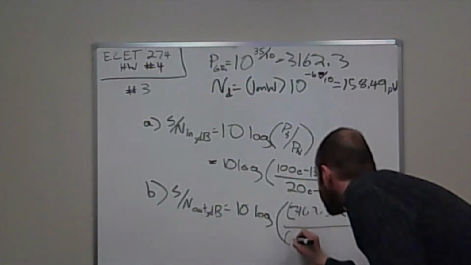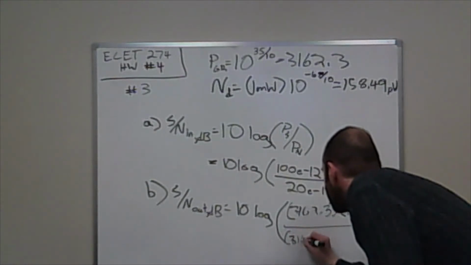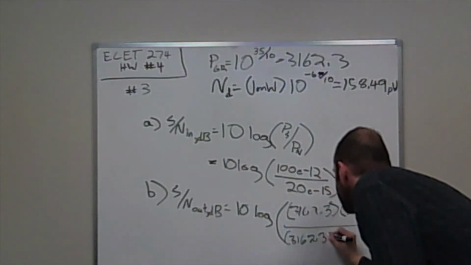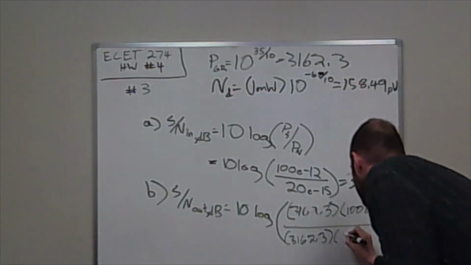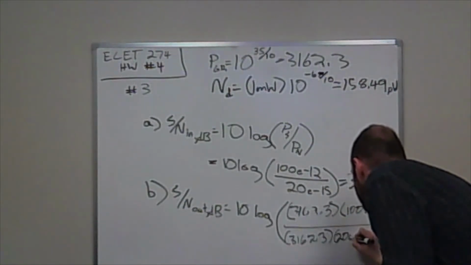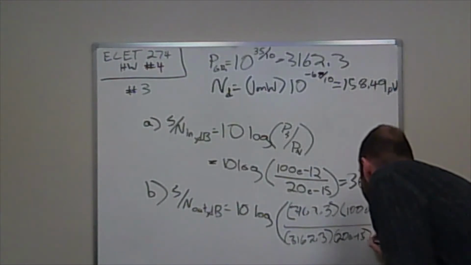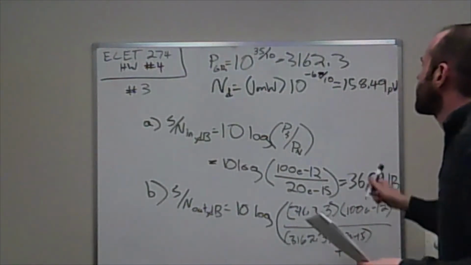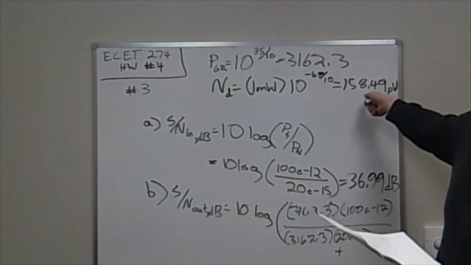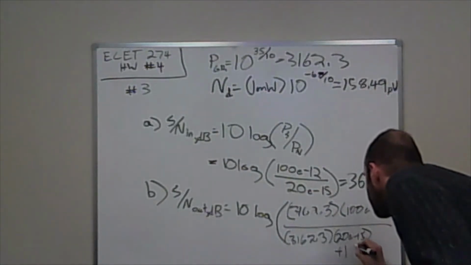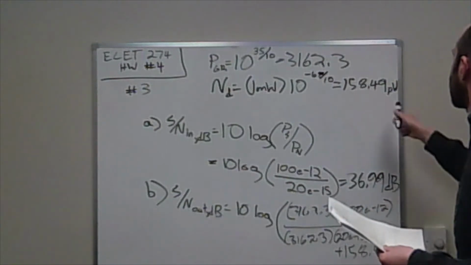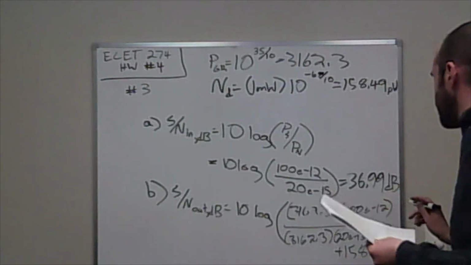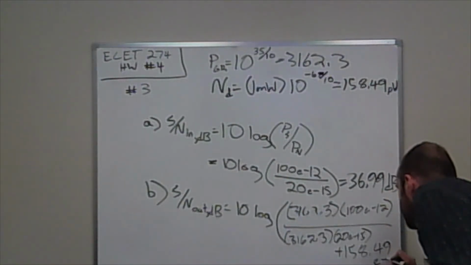So 3162.3 times the noise in, which is 20 femtowatt. And plus what we calculated here, the 158.49 picowatt, so that's e to the minus 12.